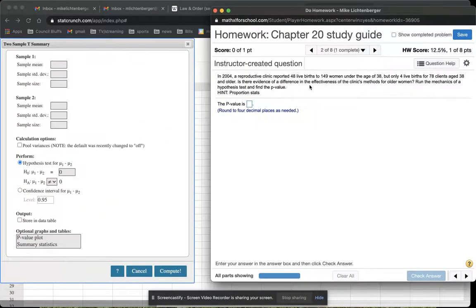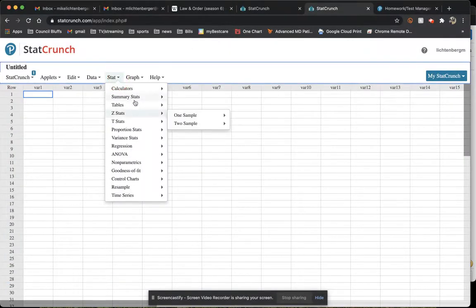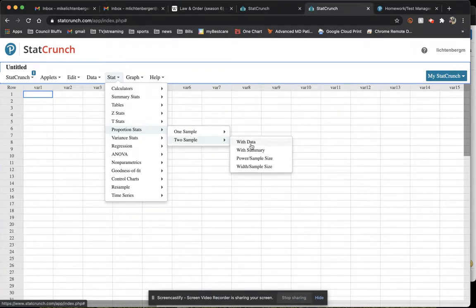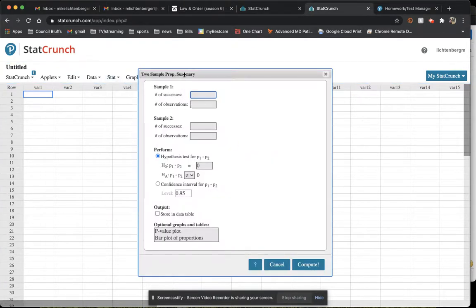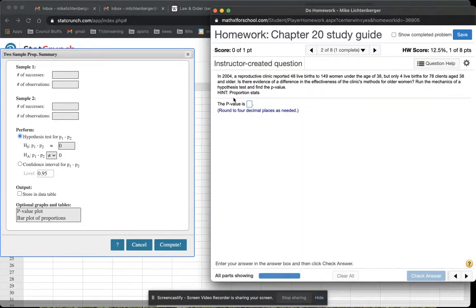And this time, a reproductive clinic reported 48 live births to 149 women. So 48. Oh, excuse me. I screwed up here. We're going to do proportion stats, not t-stats. Proportion stats, 2 sample with summary. So that was my mistake.